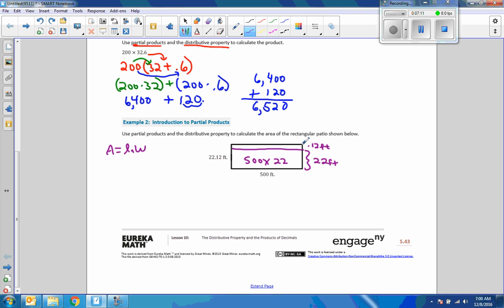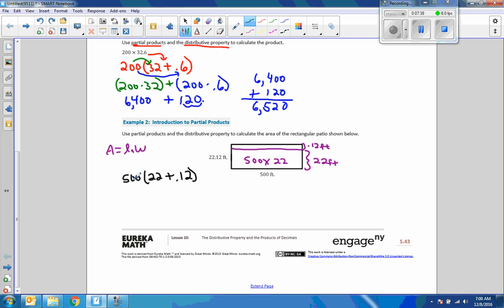And we're going to calculate the area of this rectangle. And then we're going to add the 2 back together. And that's basically what the distributive property does. Okay. So I'm going to take 500 times 22.12, but I'm going to distribute that to the whole number plus the decimal.